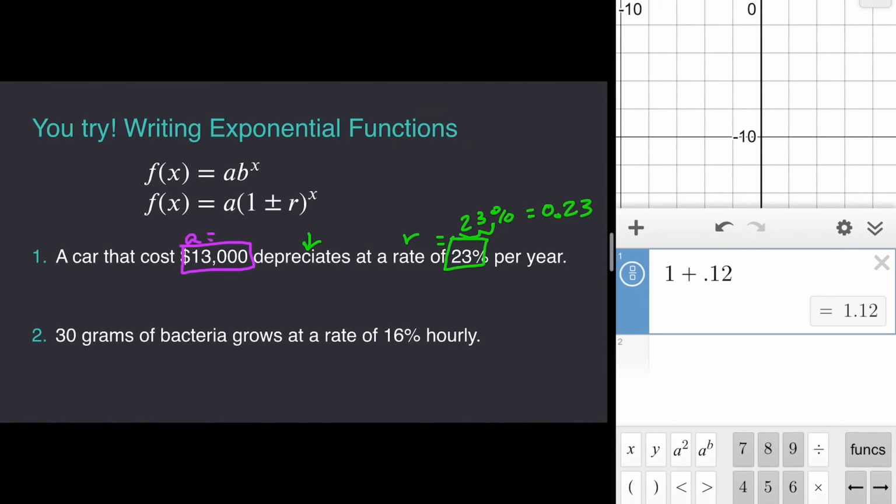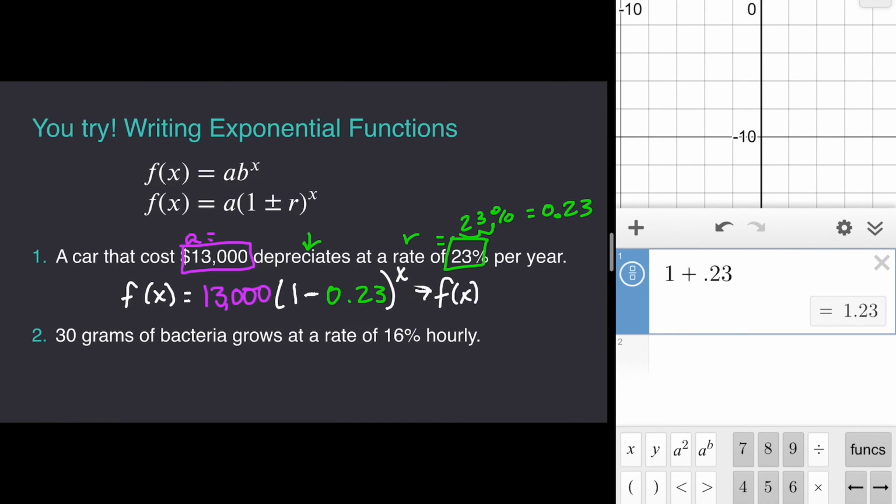So our equation is going to be f of x equals 13,000 times 1 minus 0.23 to the x power.